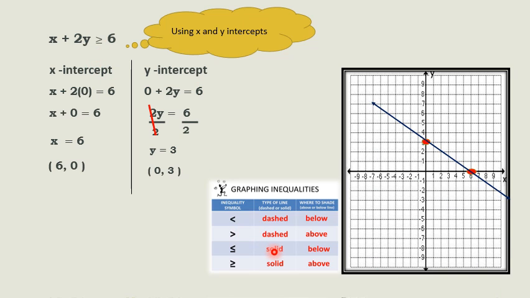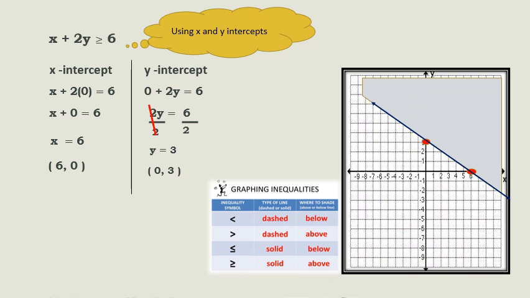And then since this is the symbol, do we shade below or above? This is greater than or equal to, so that's above the line. So that's the answer. Since the symbol is greater than or equal to, the boundary line is a solid line.